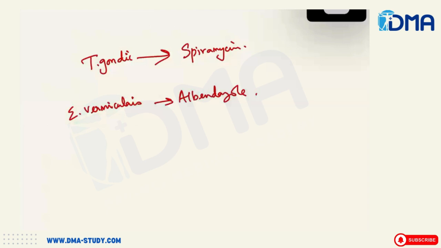You have to know about the antidotes also, poisons and antidotes. For paracetamol, what is the antidote? It is N-acetylcysteine. For atropine, antidote, it is physostigmine, or I can say pyridostigmine.